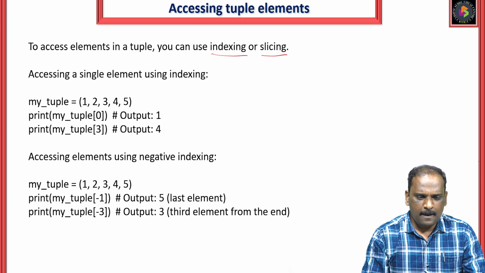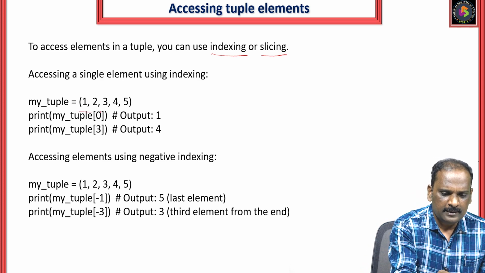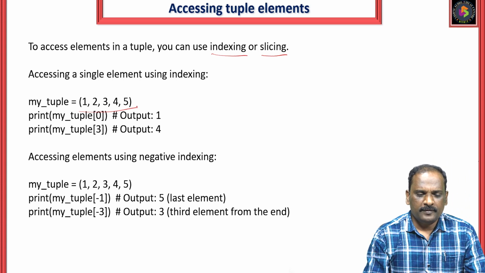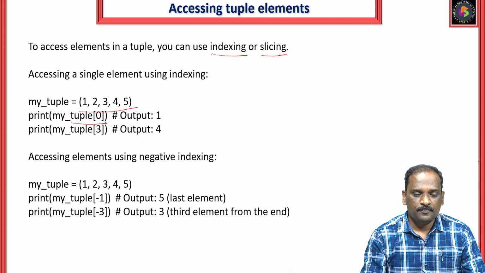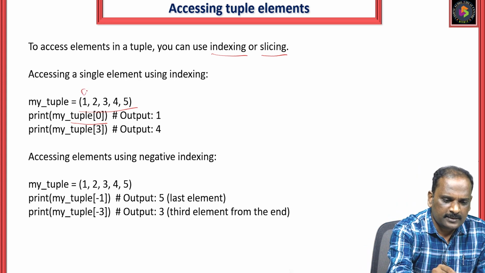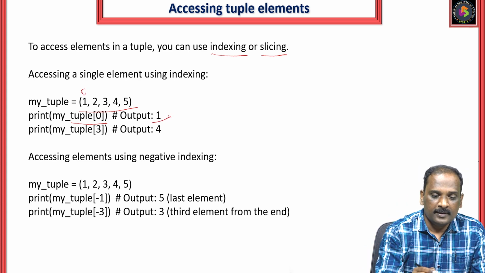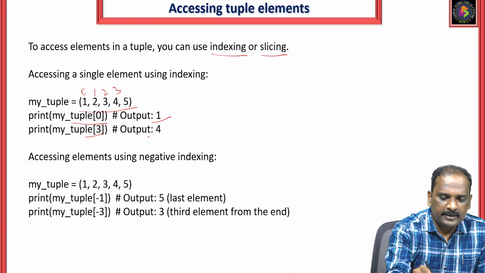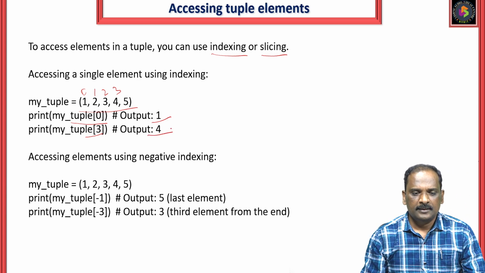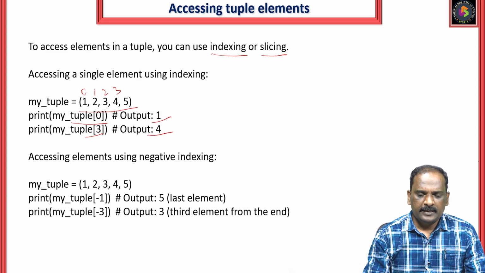My tuple is containing the elements 1, 2, 3, 4, 5. Here I am printing the value my tuple of 0. The 0th index value is 1. My tuple of 3. So the value at index 3 is 4. This is how we can access the elements by using indexing.